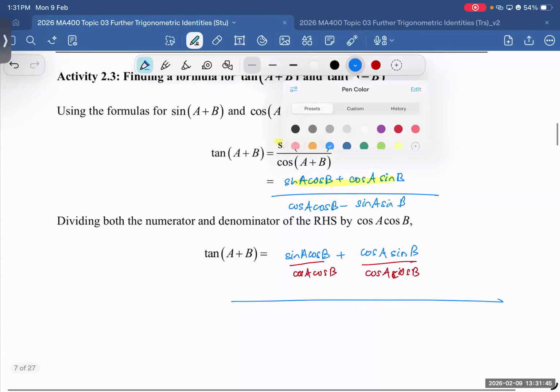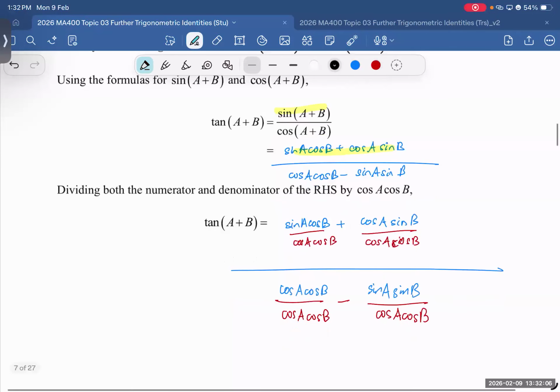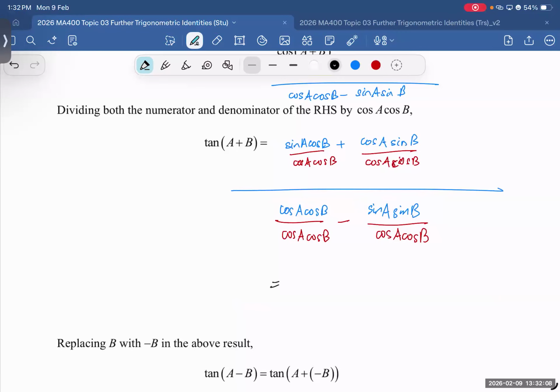Can you see? My original here, I'm dividing by cos A cos B. Sin A sin B divided by cos A cos B. If you do not know the proof, it's not life and death, but it helps if you understand.